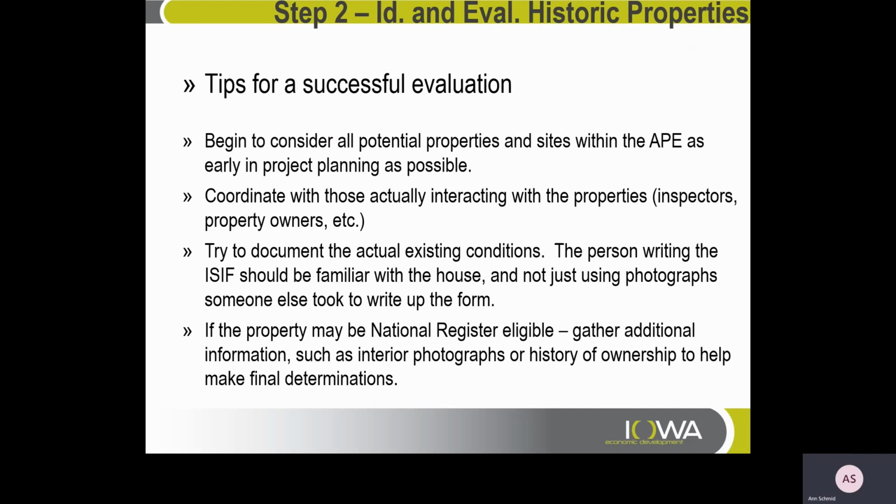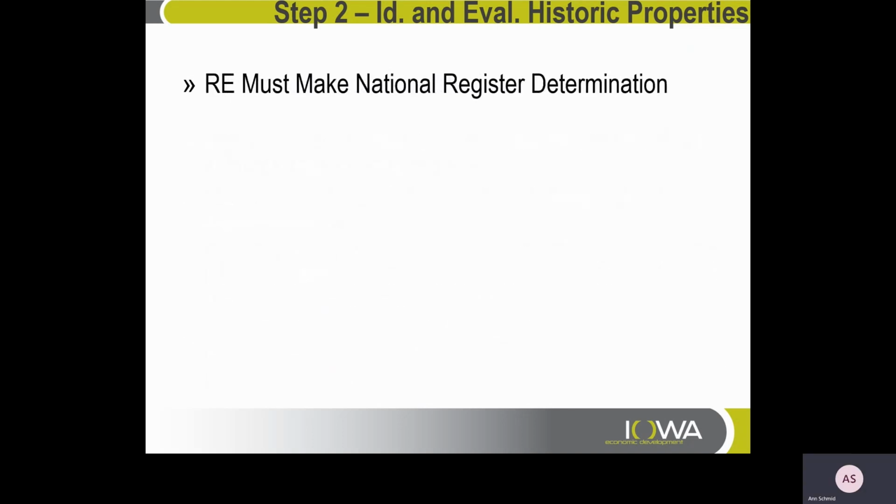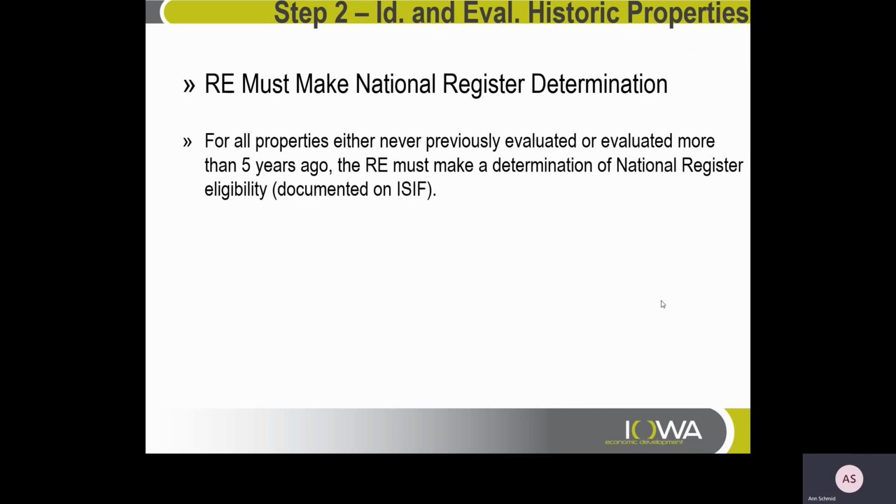If the property may be National Register eligible, gather additional information such as interior photographs, any historic images, and the history of ownership to help make final determinations. The responsible entity must make the determination. For all properties, either never previously evaluated or evaluated more than 5 years ago, the responsible entity must make a determination of National Register eligibility using an Iowa site inventory form.